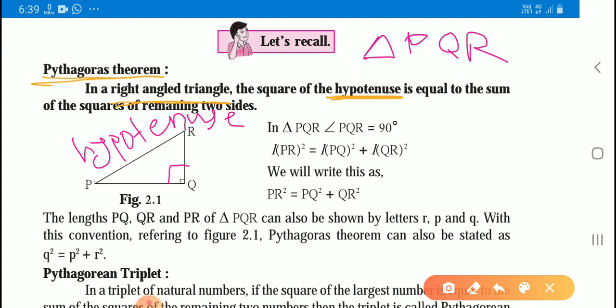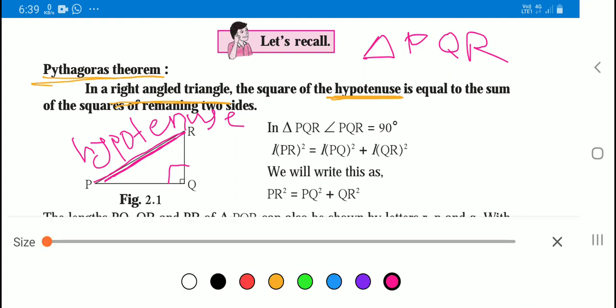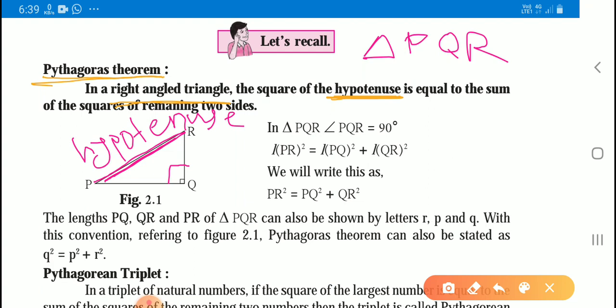So here PR is the side opposite to the right angle, so it is the hypotenuse. So the square of the hypotenuse, PR square, is equal to the sum of the squares of the remaining two sides. The remaining two sides are side PQ and side QR, so it is equal to PQ square plus QR square.